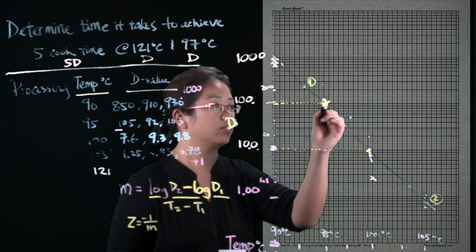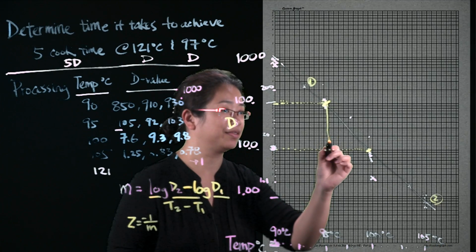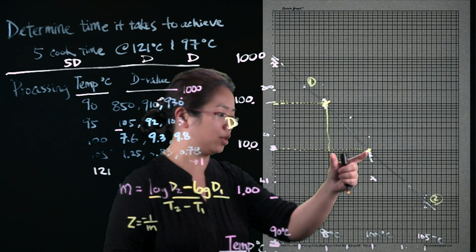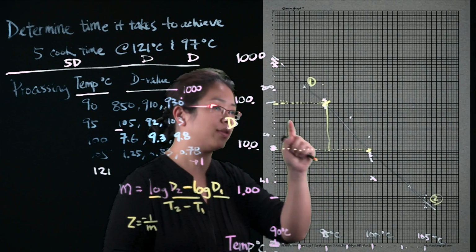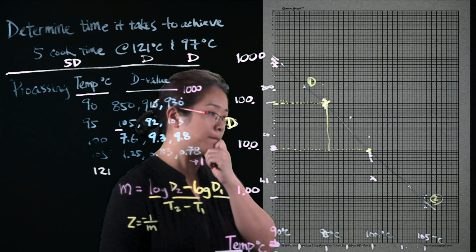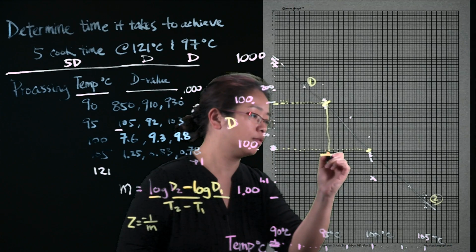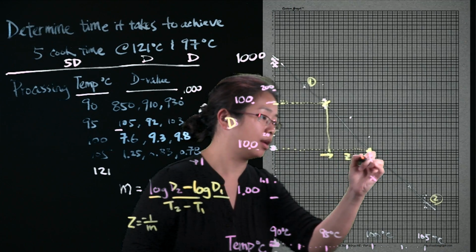I'm trying to make a straight line here. The temperature difference that gives a 1 log reduction of the thermal death time is from here to here, and that's our Z.